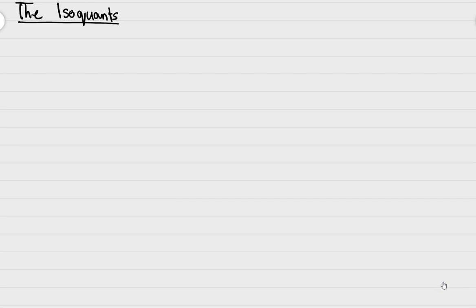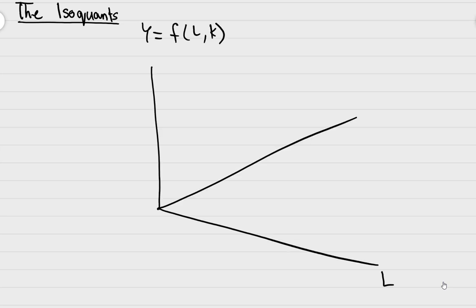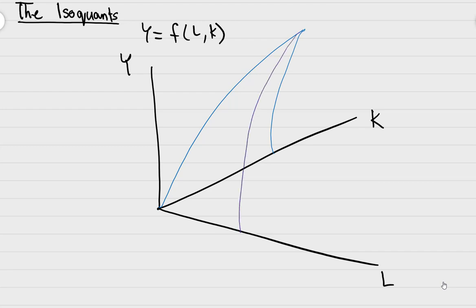Now we move to discuss the isoquants. Isoquants are called level curves, and the reason is this: consider the production function in 3-dimensional space where we measure labor on one axis, capital on the other axis, and output on the third axis. If we consider a particular production technology, then the production function in 3 dimensions would look something similar to the Opera House.